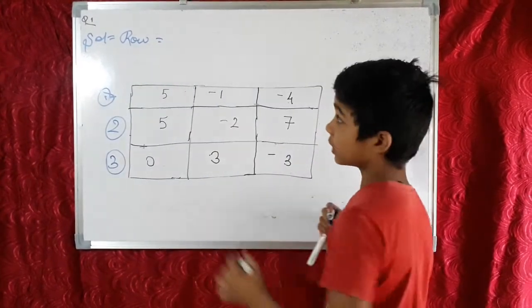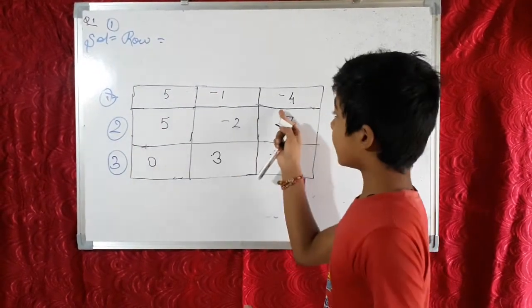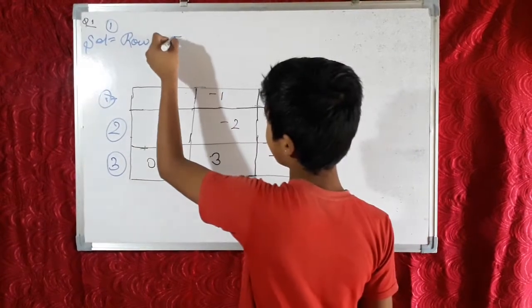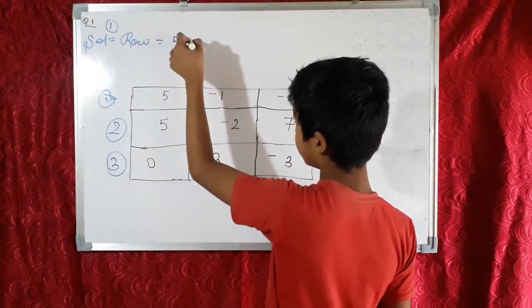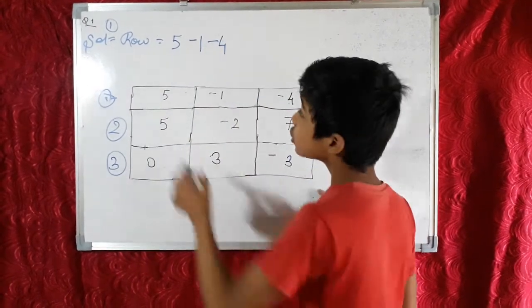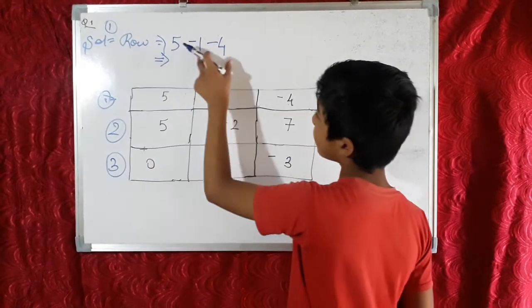Now we are finding the first row. So 5, minus 1 and minus 1. Firstly we will write 5, then minus 1 and minus 1 is minus 4, so we will write minus 4. Now 5, minus 1 and minus 4.